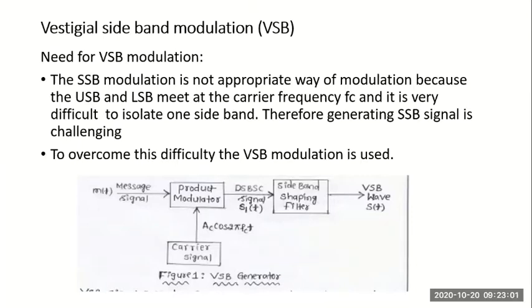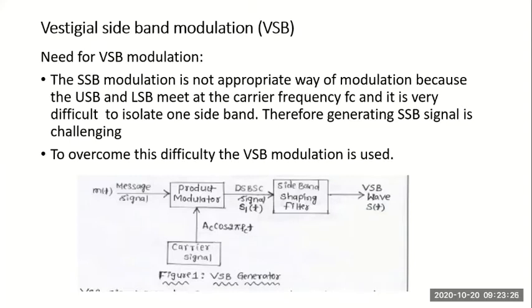Such signals could be used for SSB-SC systems, because in the way we generated that using a filtering technique, the design of the filter would become very stringent or very cumbersome, difficult, if we had to design it at high frequencies.